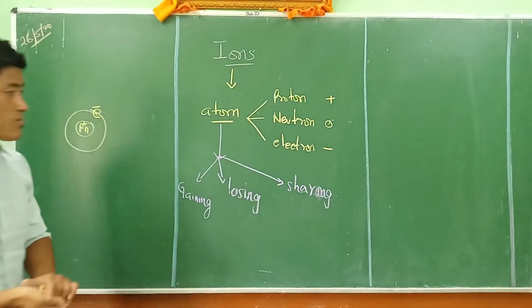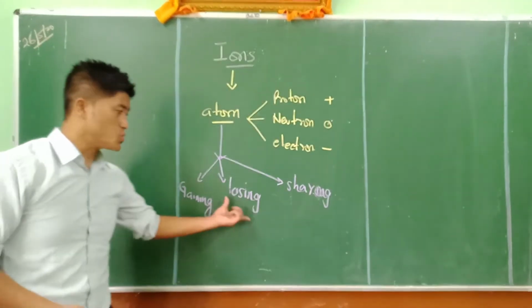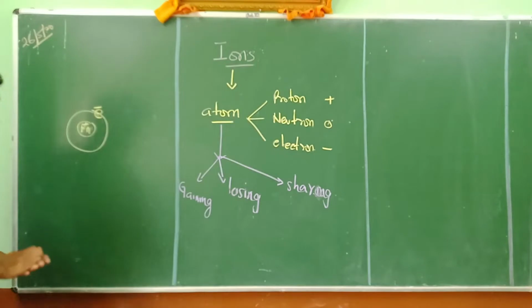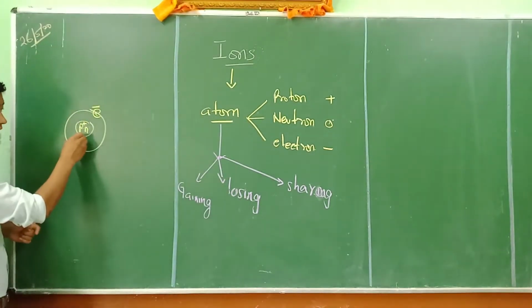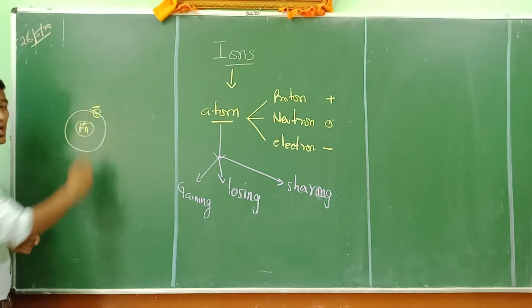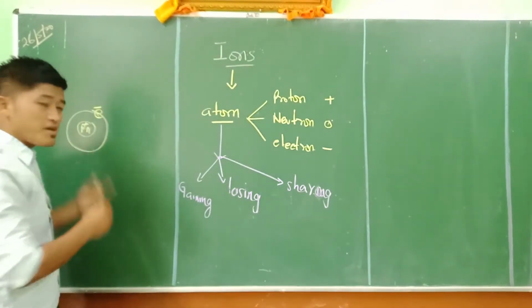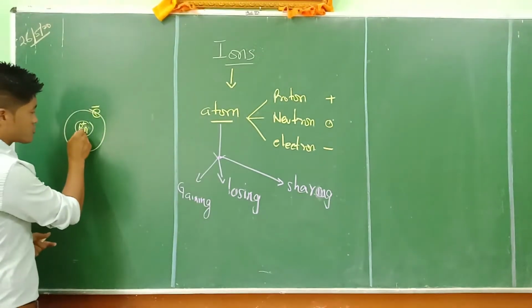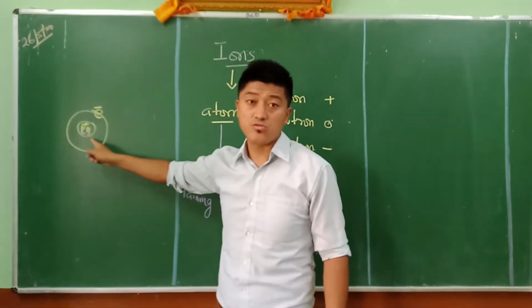So we know that atoms make connections with other atoms by gaining, losing and sharing. What are they going to gain, lose or share? Since an atom is made up of 3 subatomic particles, proton, neutron and electron, you can conclude that it will not be possible for an atom to lose protons and neutrons.